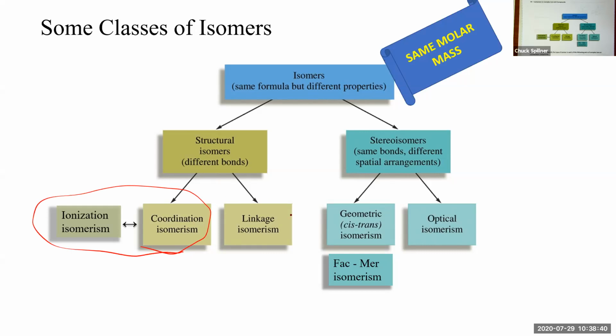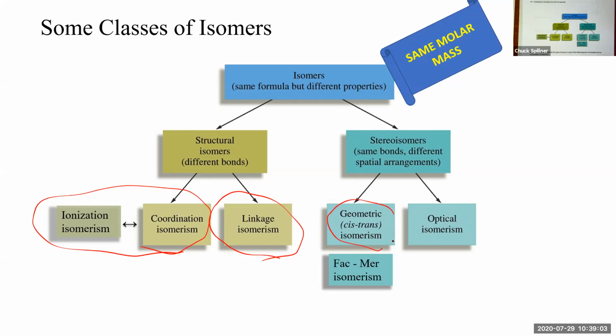There's a linkage isomerism. That's another kind of isomer, a linkage isomer. There are geometric isomers. There are actually stereoisomers. The three isomers that fall under this broad topic called stereoisomerism.